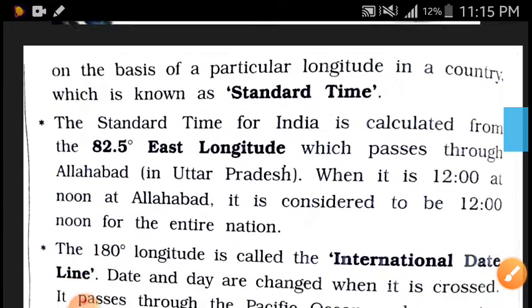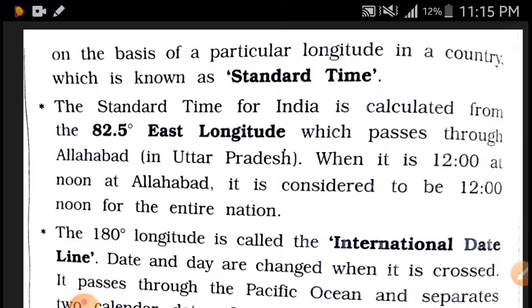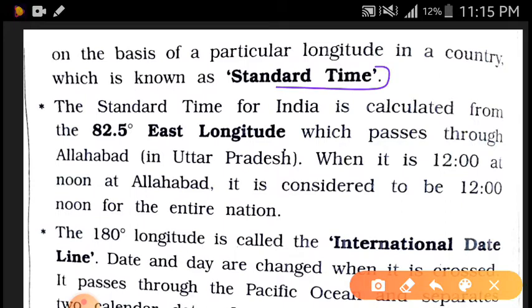On the basis of a particular longitude in a country, that is known as standard time. So we have understood the difference between local time and standard time. Local time is decided by the position of the sun when it is exactly overhead, but the standard time is taken for the whole country, and it is taken from the center place of the country.